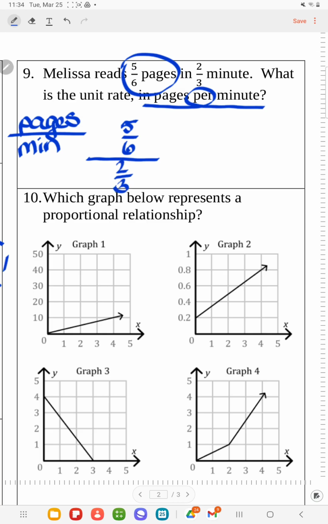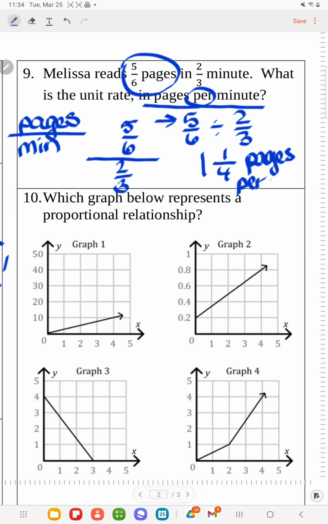A lot of the ABC button here, 5 ABC 6 divided by 2 ABC 3. When it actually goes into your calculator, remember that you're putting it that way. Out of the calculator will be 1 1/4 pages per minute.